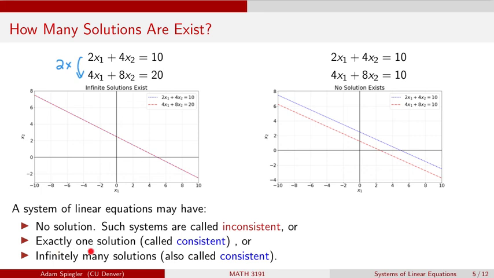We can get exactly one unique solution when the two lines intersect at one unique point, and that was the previous example. Or we can get an infinite number of solutions when each of the equations is just a repeat and the two lines are actually identical. What we don't see is getting exactly two solutions or exactly three solutions and so on. So if a solution exists, we either have a unique solution or we have infinitely many solutions.